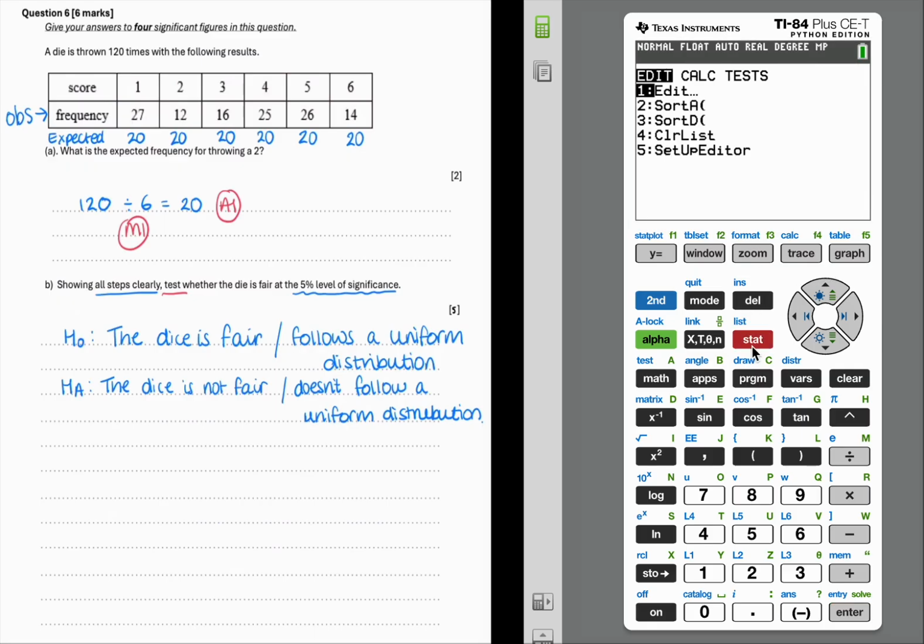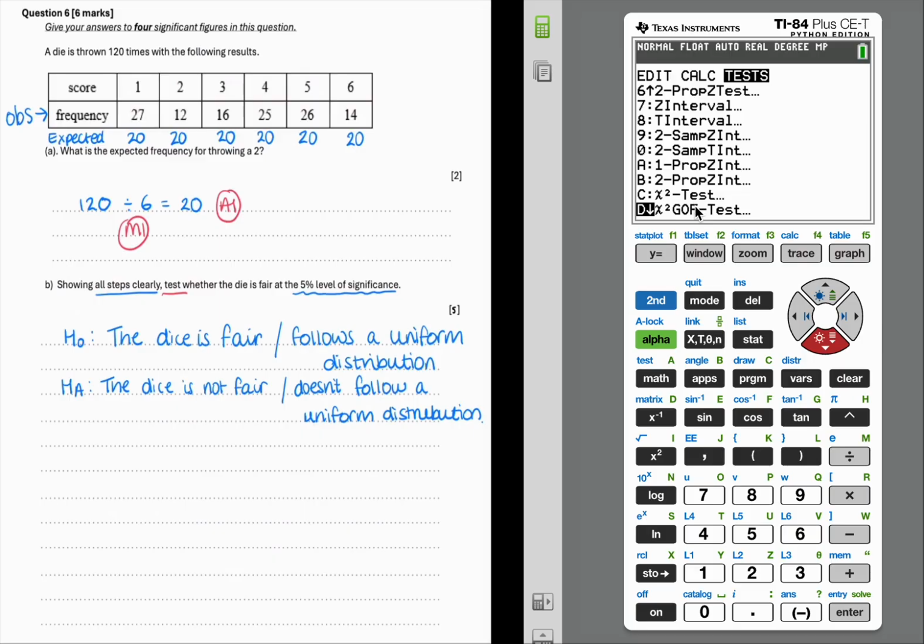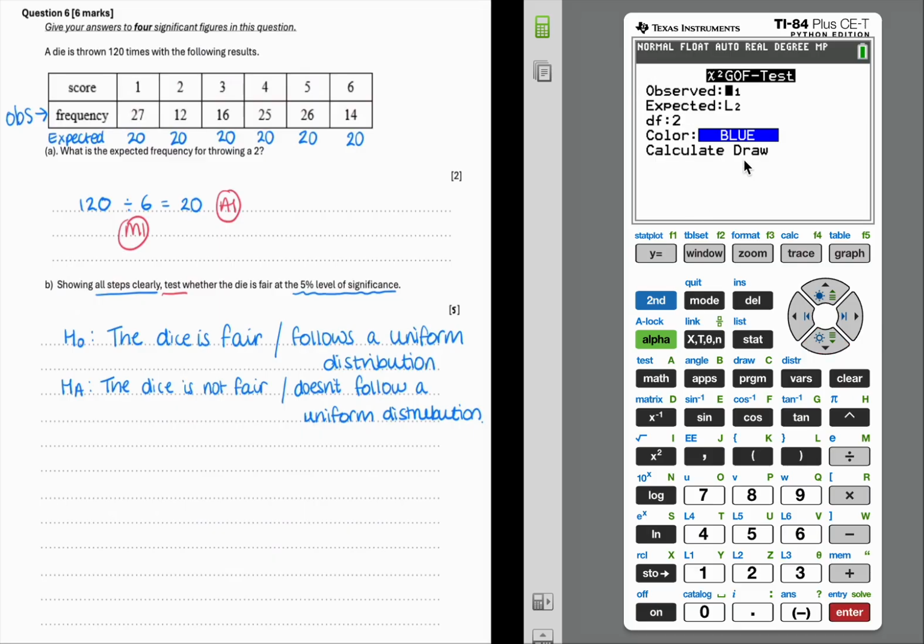We can now go into statistics, tests, and it is a chi-squared goodness of fit, which is option D here. The observed is this one here, and I put this one in first, so this is column 1. And then the expected, the 20-20-20, is the L2 that I put in second. I always need to change the degrees of freedom, so don't forget the degrees of freedom there.